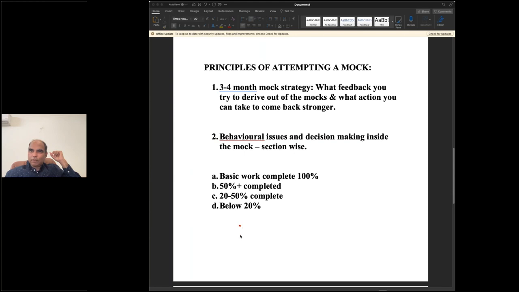If there are 4 options in a question, one is a positive identification that this is the right answer. That means you realize that the logic of this answer is strong, hence I'm marking this. But in verbal, 2 plus 2 is not always 4. So you also have to do a negative identification of the other options. When you finish this off, then you are more sure of the answer.